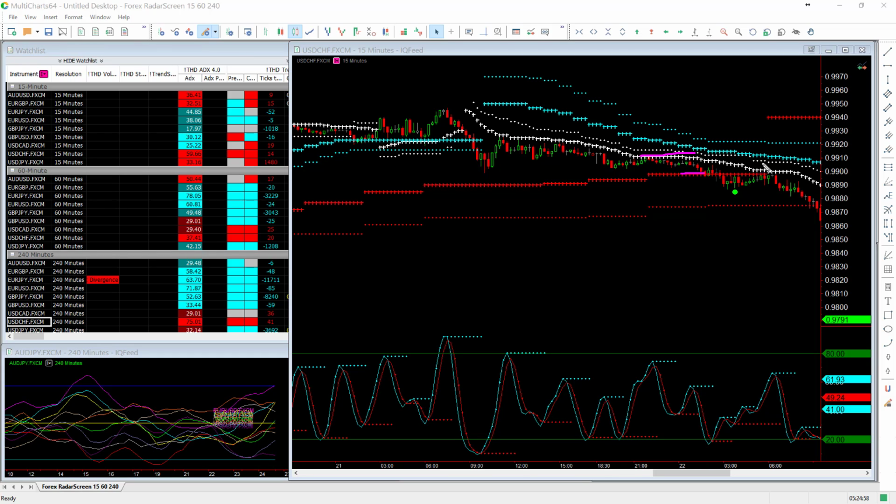I would have preferred this entry over here because there's more room from here to here for profits. And again, you see that as price is making lower highs, the stochastics is indicating higher highs. This is the very essence of hidden divergence.